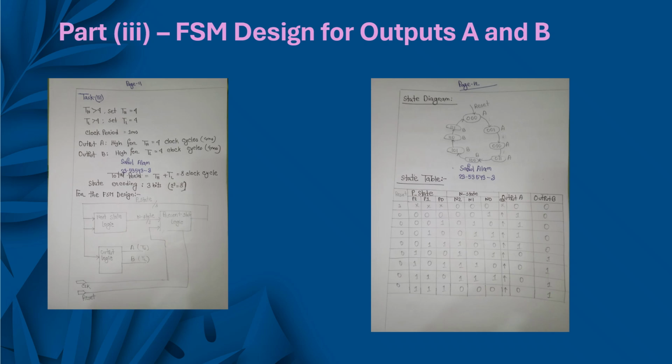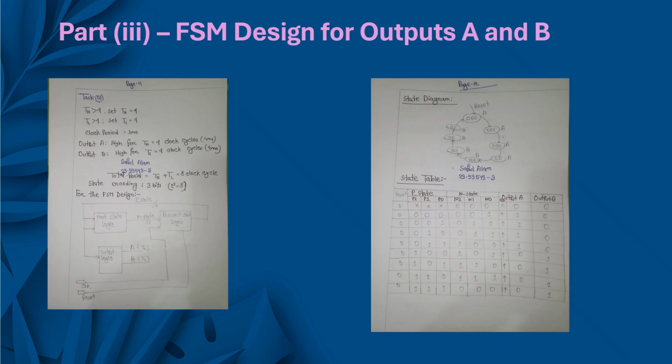Observing that the MSB is 0 for states S0 to S3 and 1 for states S4 to S7, we can write A equal to P2 bar and B equal to P2. That is the complete output logic. A reset input is included to initialize the FSM to S0, ensuring predictable behavior at power up.